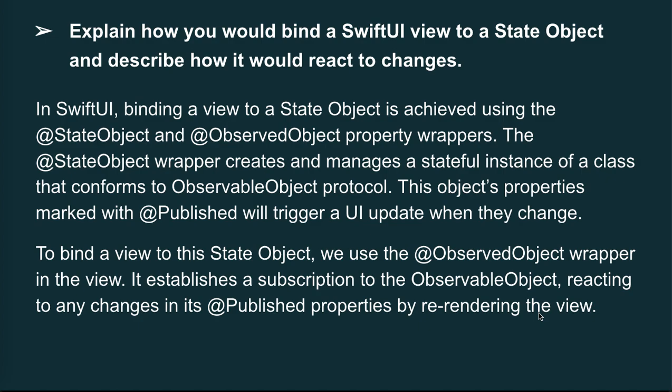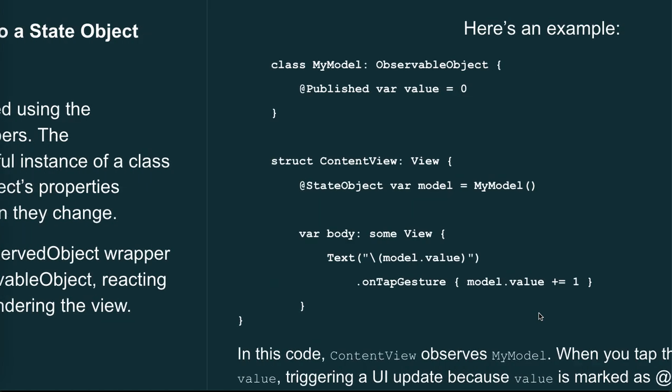This object's properties marked with @Published will trigger a UI update when they change. To bind a view to this state object, we use the @ObservedObject wrapper in the view. It establishes a subscription to the observed object, reacting to any changes in its @Published properties by re-rendering the view.